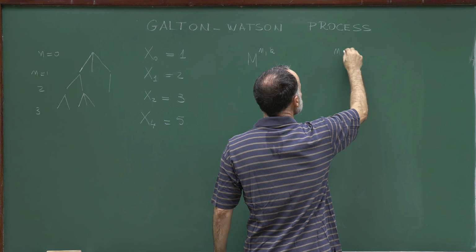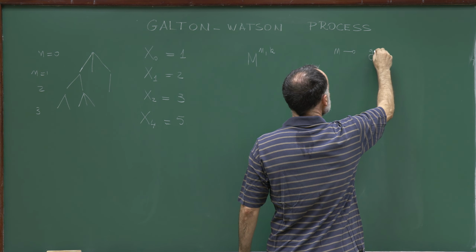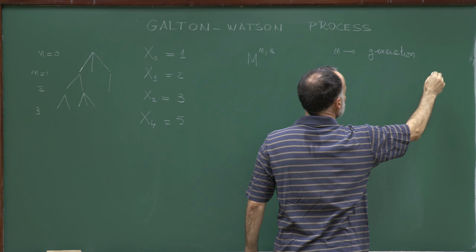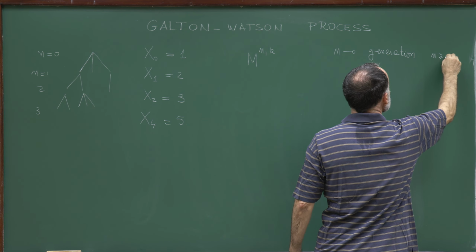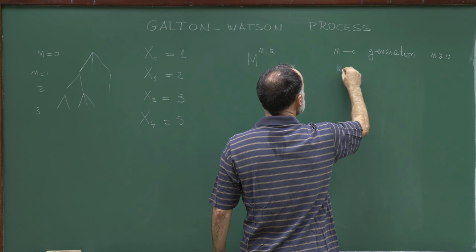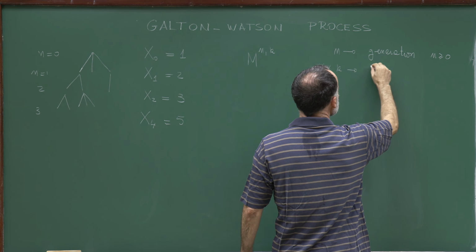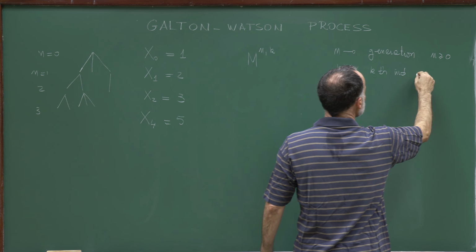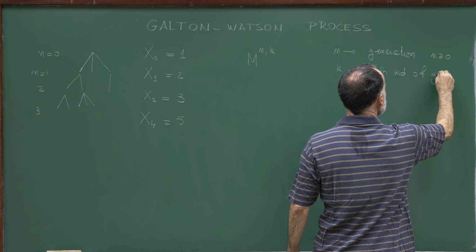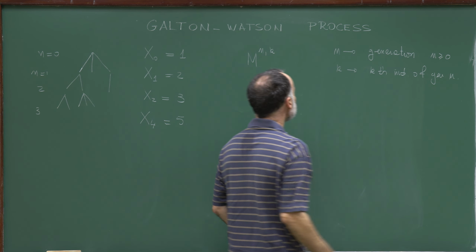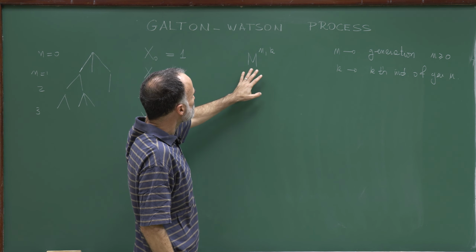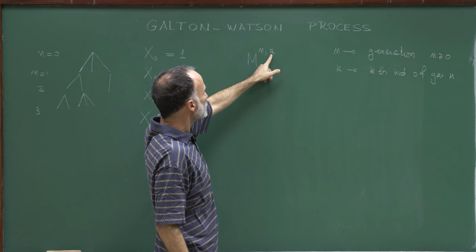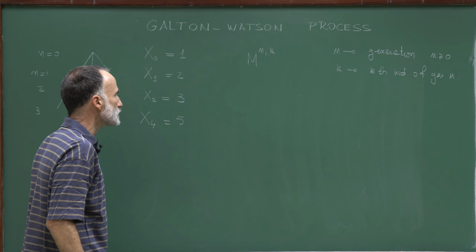So n represents the generation, which is larger or equal than 0, and k will be an individual, so the kth individual of generation n. And m_{n,k} will represent the number of offsprings of this individual, which is the kth individual of the nth generation.